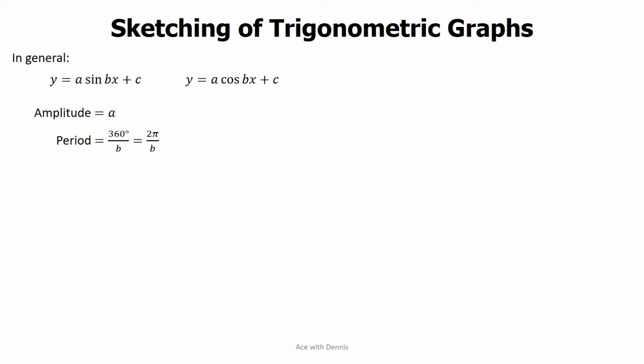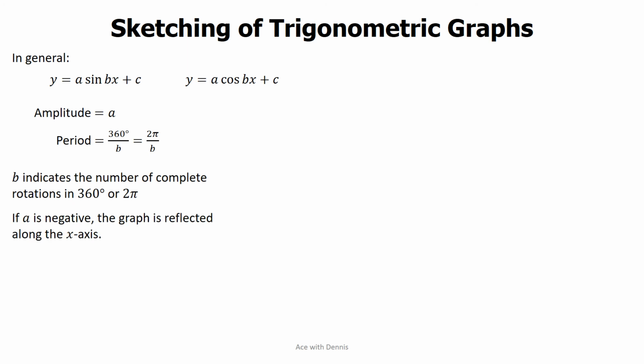Okay, so you need to understand the meaning of b. You can interpret it as b cycles in 360 degrees. That's why the period will be 360 degrees divided by b, or 2 pi over b. Here, b indicates the number of complete rotations in 360 degrees or 2 pi.